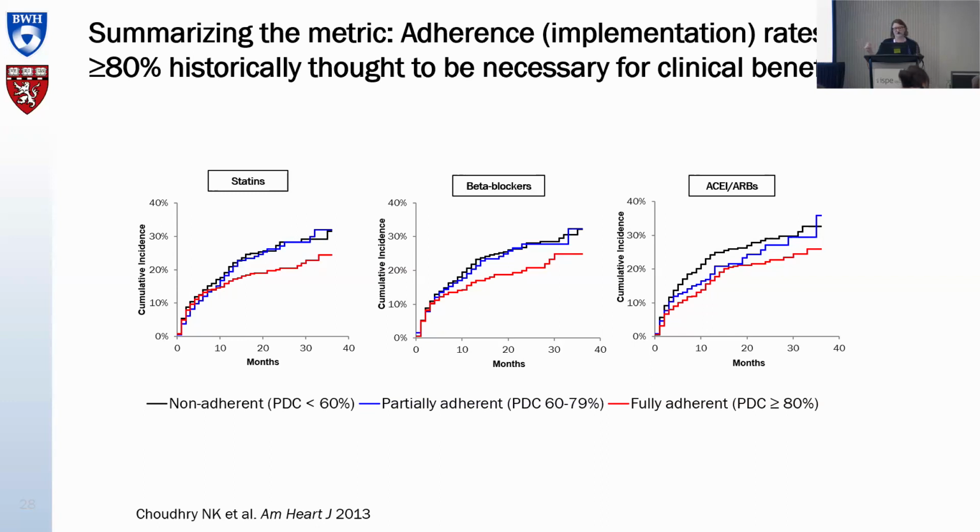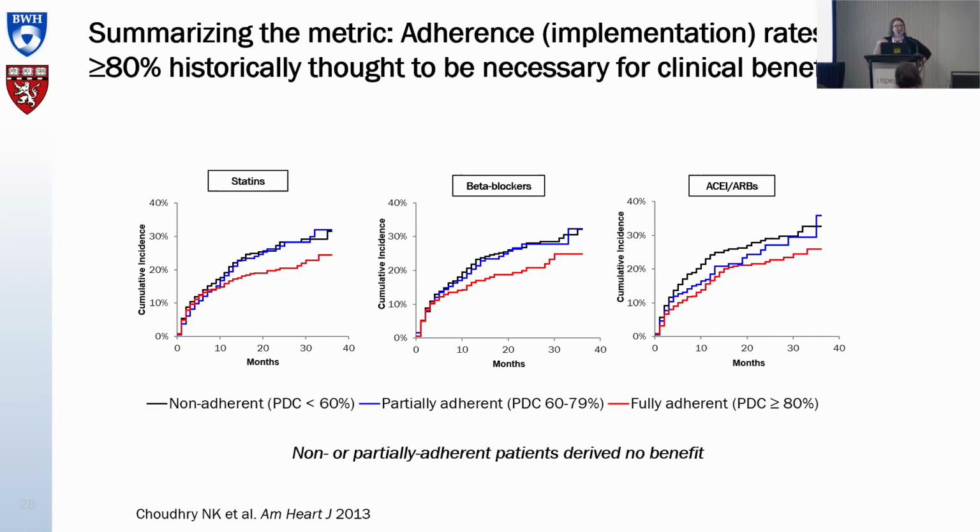This slide shows that among patients who are fully adherent, this red line defined as 80% or more, they see a lower rate of bad outcomes compared with even those who are 60 to 80%, who look virtually the same as those who are less than 60% of the time. So not perfect. This is a huge source of debate, and people who spend a lot of time on this ask, what is good adherence?